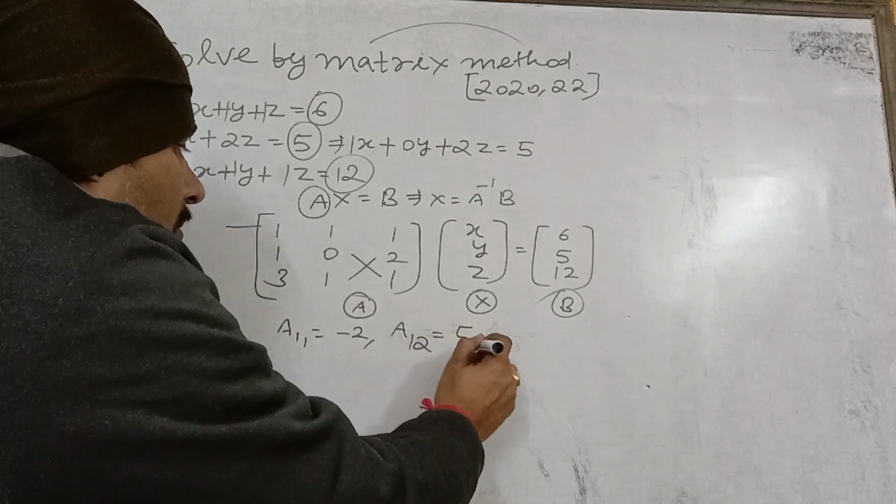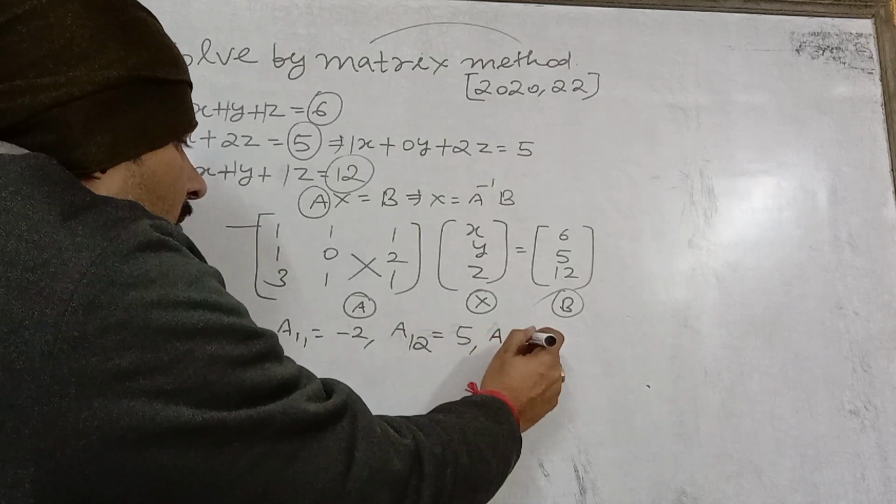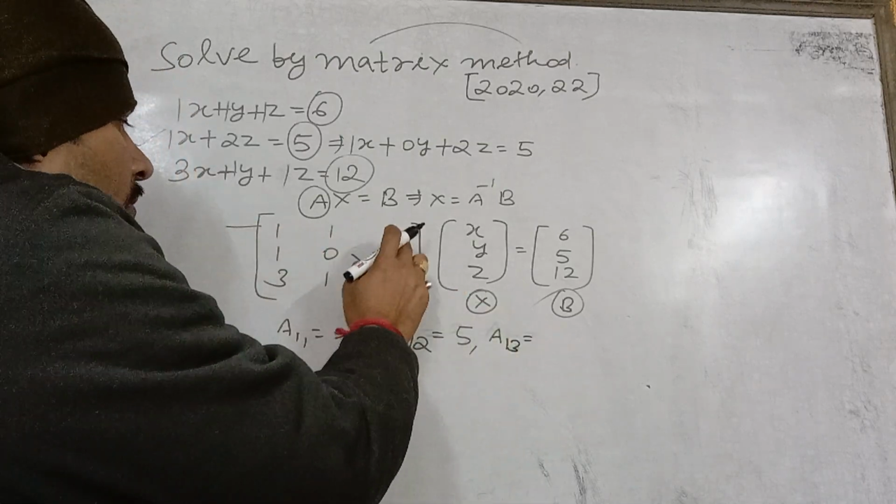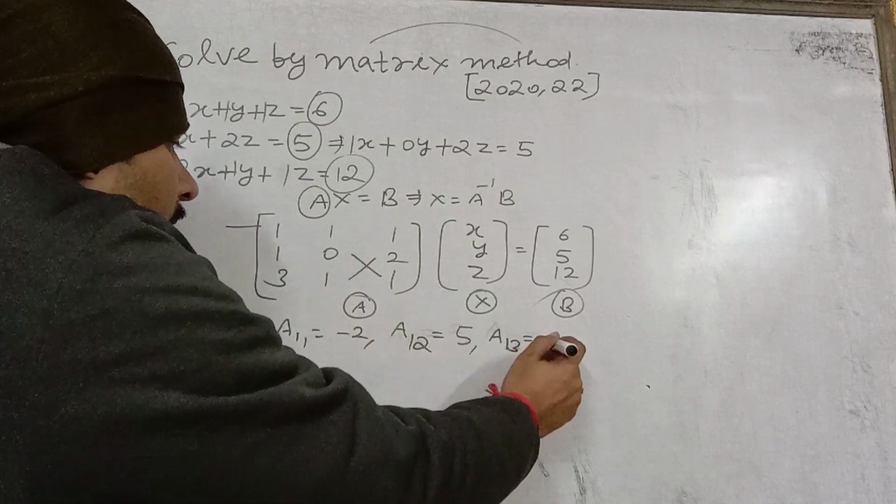So plus 5, value of A13, first row, third column, which means 1.